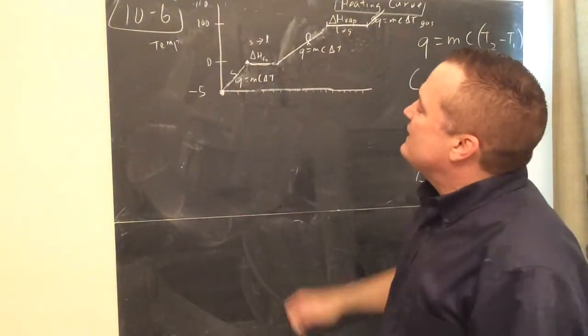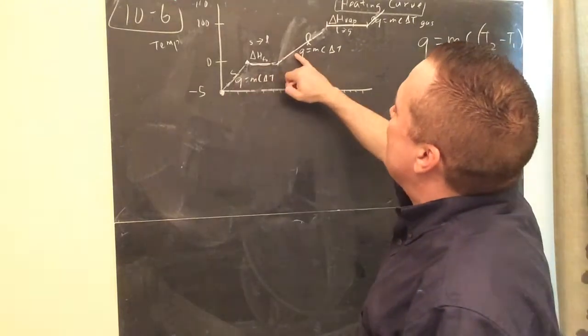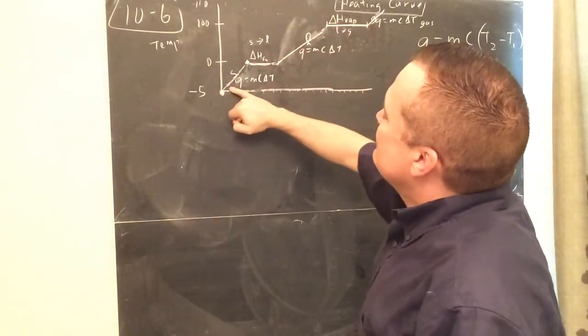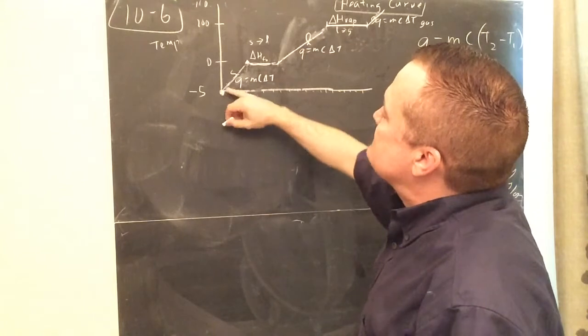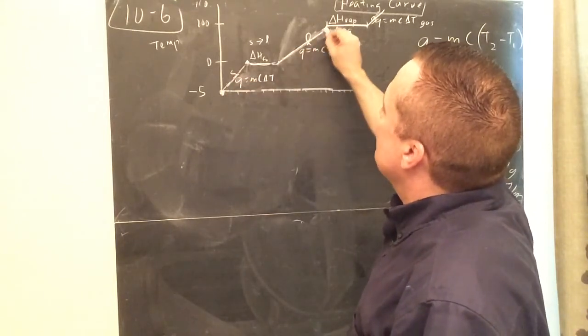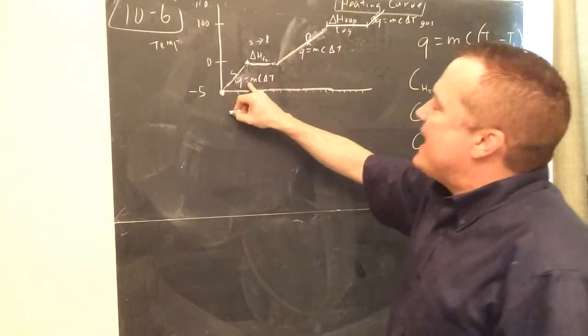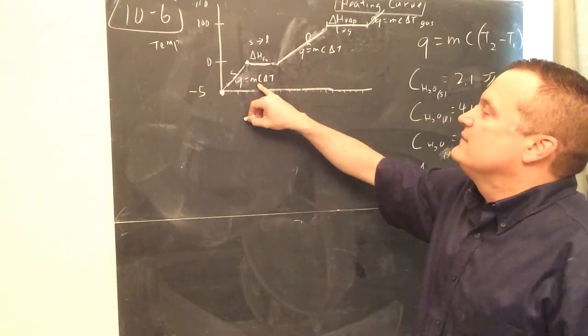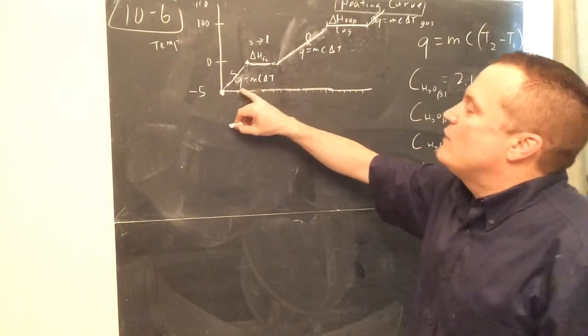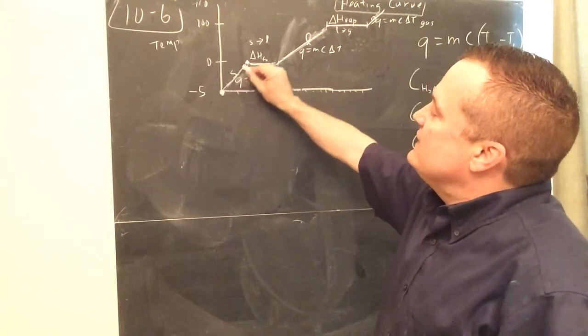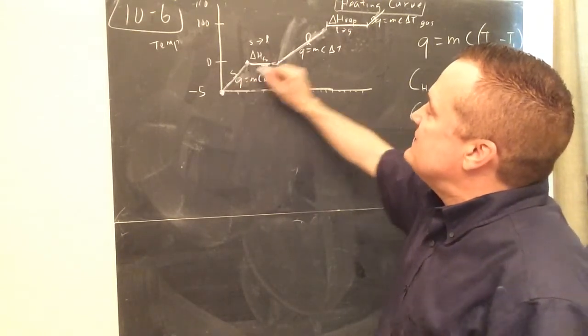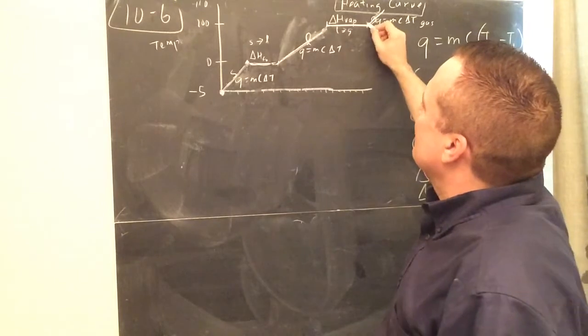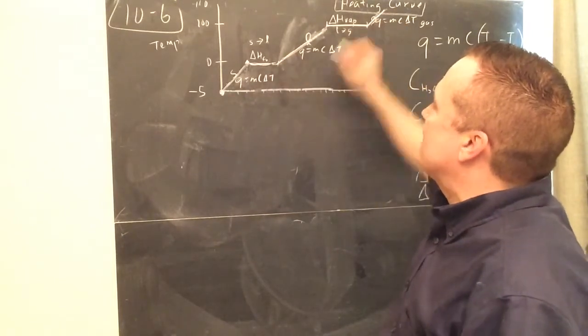The other thing that's also true about the Q lines is you can tell the specific heat, because the mass will be the same. All I wanted to show you is that the specific heat is directly related to the curves you see right there.